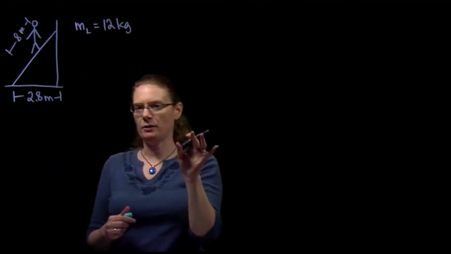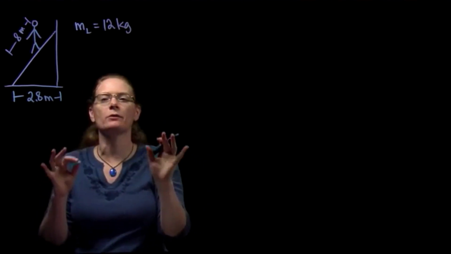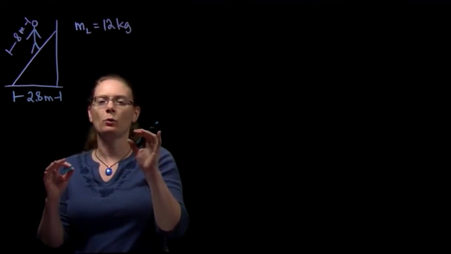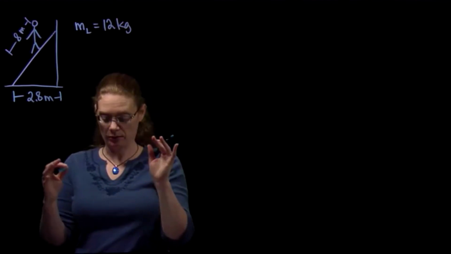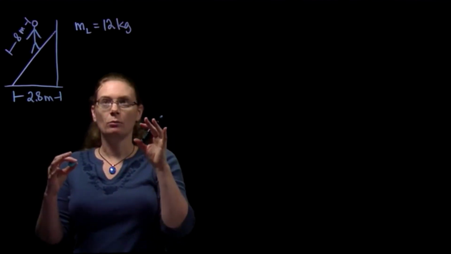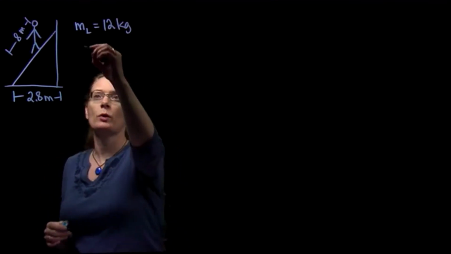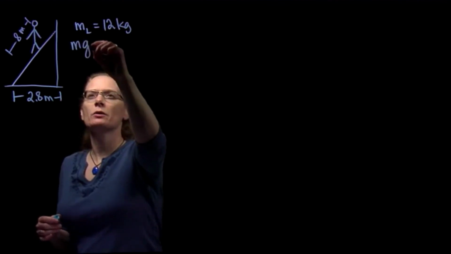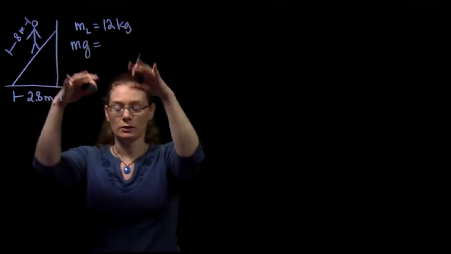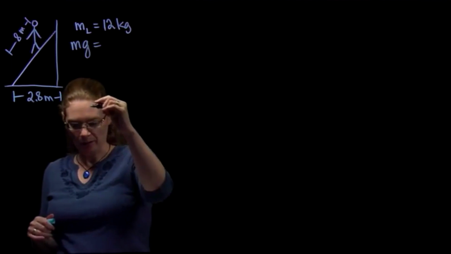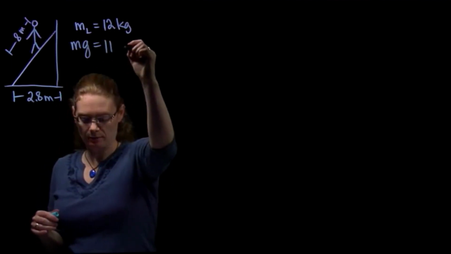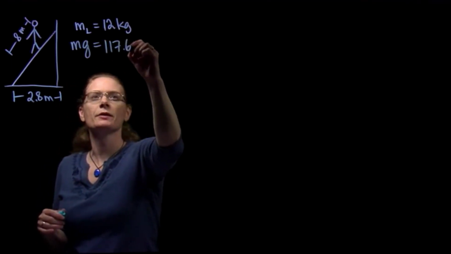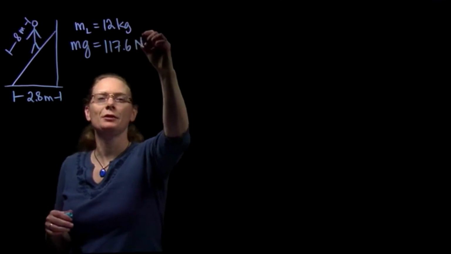And I'm going to remind you that it's often good right away to figure out what the weight of any object is, because we don't deal with masses, we deal with forces, which is the weight. So you can, even in your list of knowns, figure that out right away. 12 times 9.8 gives me 117.6, and that's a force now, newtons.